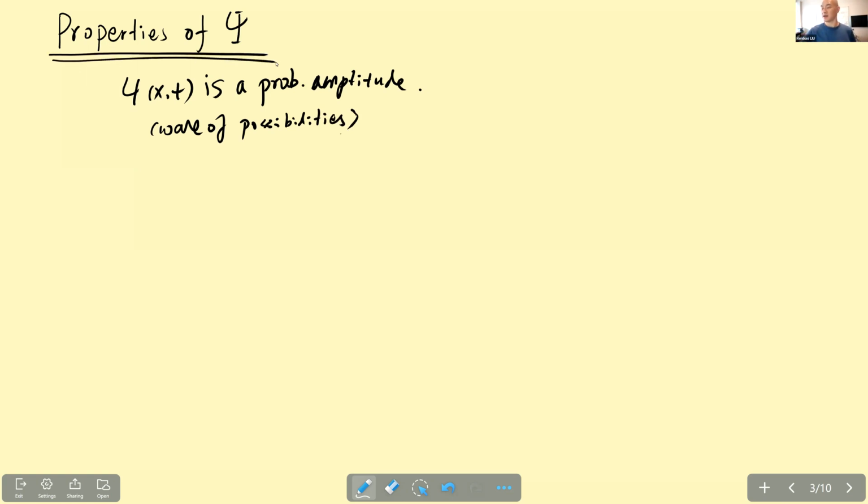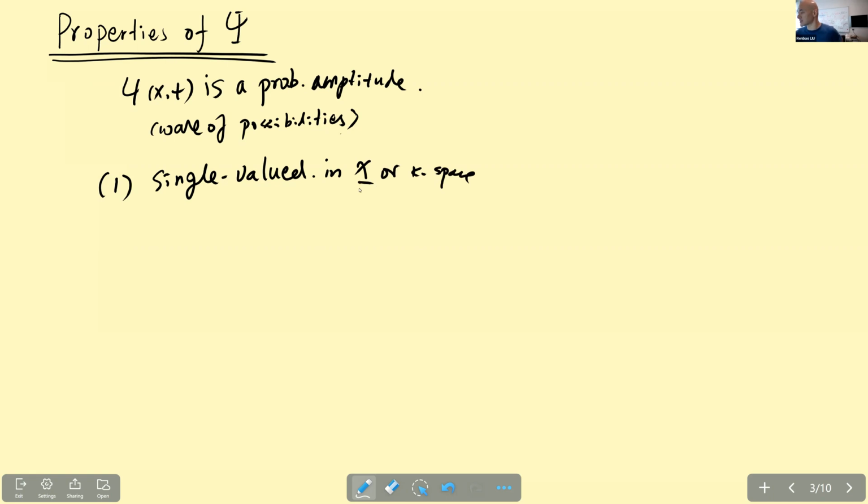First of all, we said that this should be single valued in x or k space.